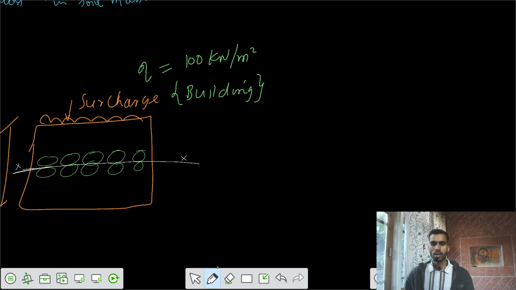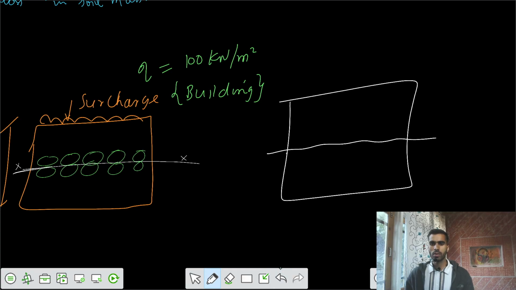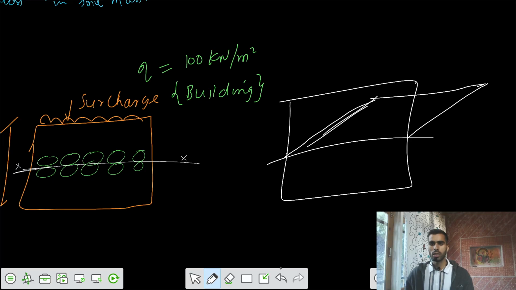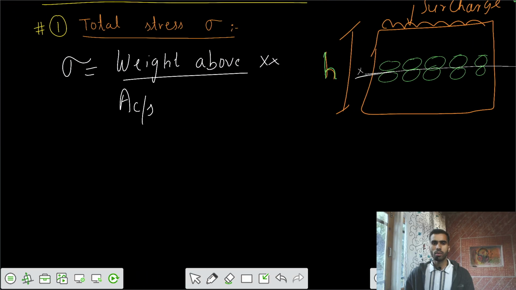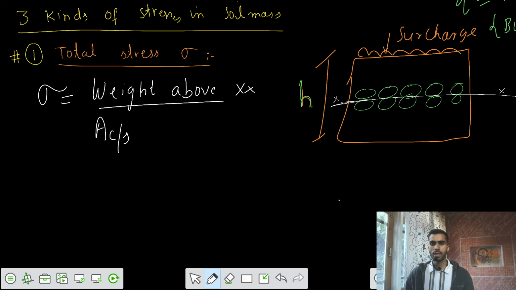If we look at it in 3D, there is some cross-sectional area, and on that cross section, the total stress is the weight above that cross section divided by the area of that cross section. So W divided by the cross-sectional area is your total stress.